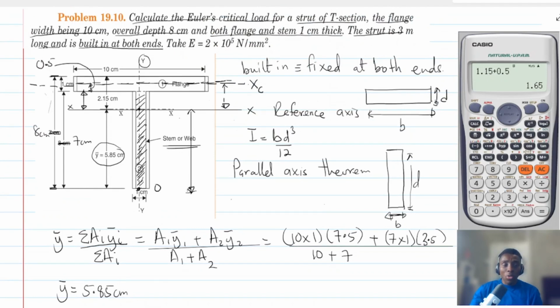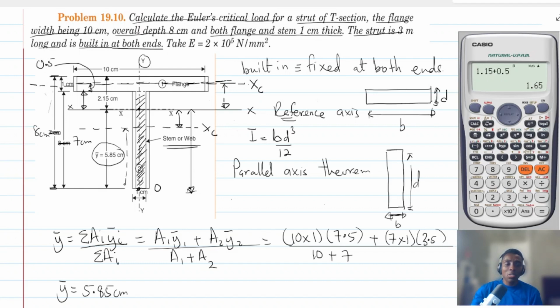Now, you want to ask yourself, what is the centroidal x-axis of the stem? If you look at this stem, the whole distance of the stem is 7, but halfway of 7 is 3.5. So let's assume that this is the centroidal x-axis of the stem, but the reference axis will be what? Don't forget that the whole distance from here to here is 5.85.